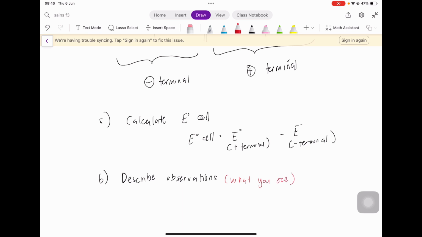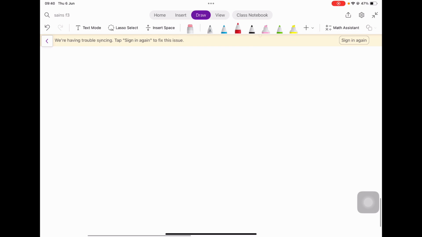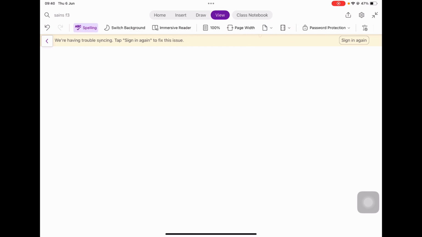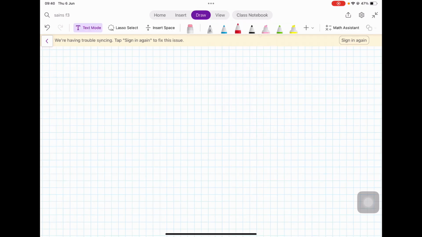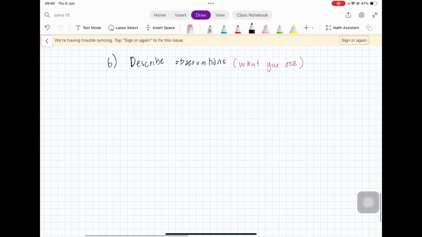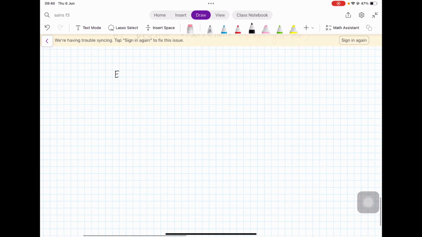Okay, let's tengok contoh. Okay, sekejap I nak tukar dia jadi paper. Alright, mari. Okay, so one example. Okay, so let's say I have a voltaic cell, sel kimia yang mempunyai comprising of Al, aluminium and copper.